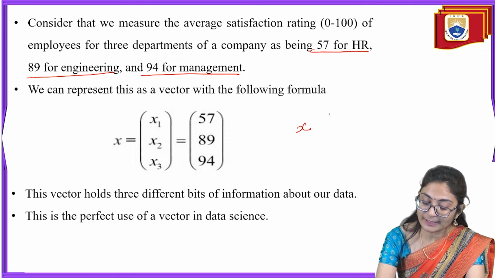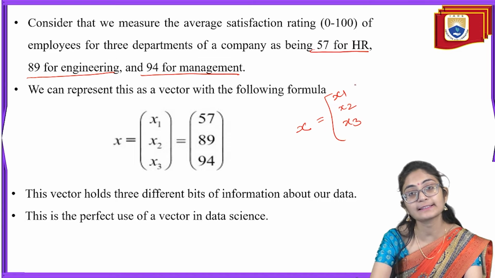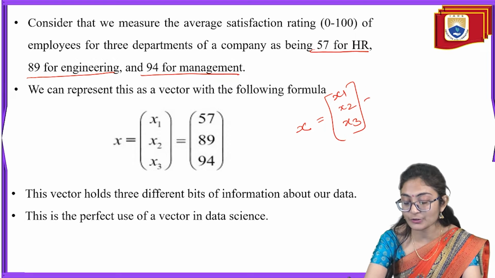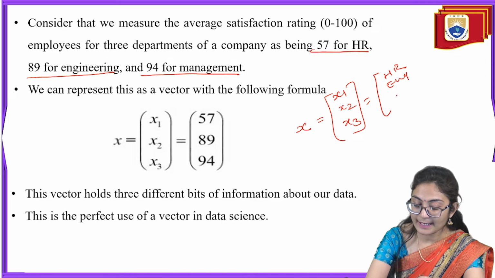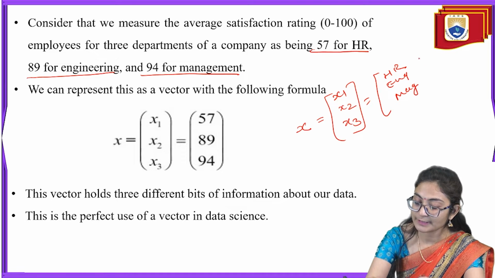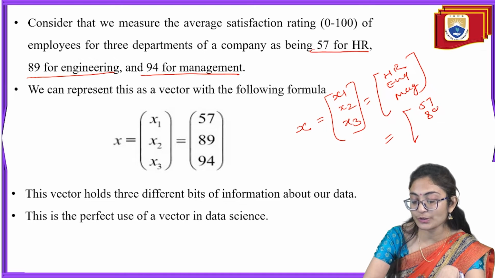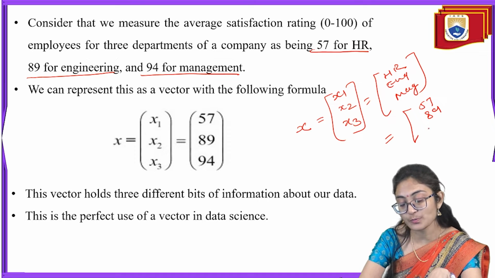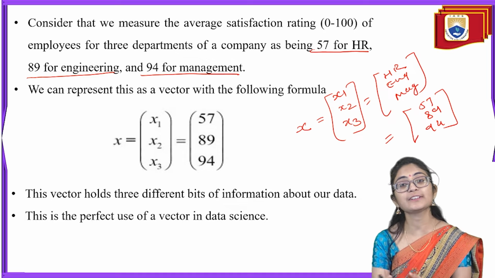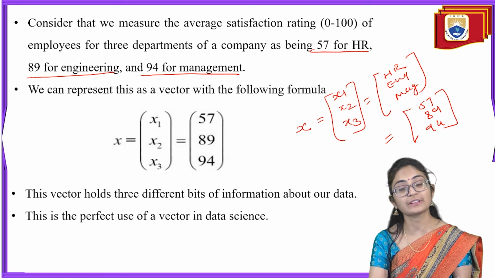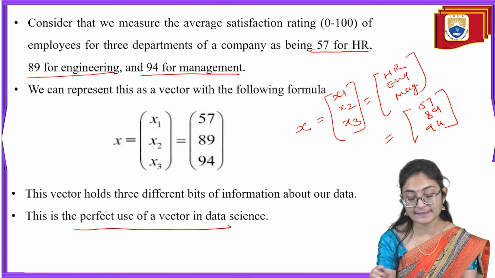Our vector will be in the form of x1, x2 and x3, and these values are HR equal to 57, engineering equal to 89 and management equal to 94. This vector holds 3 different bits of information about our data, and this is the perfect use of vectors in data science.